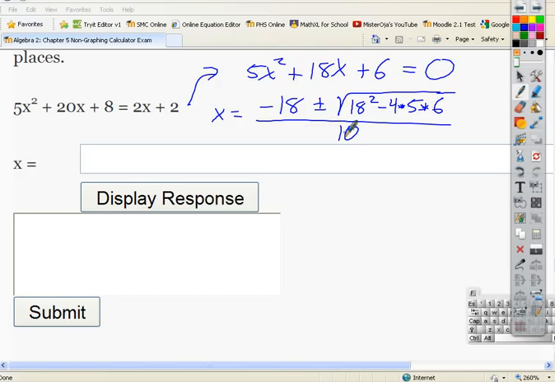Okay. Now this is easy: 324 minus 4 times 5 is 20 times 6 is 120. So 324 minus 120 is... What's 320 minus 120? 204, the answer.